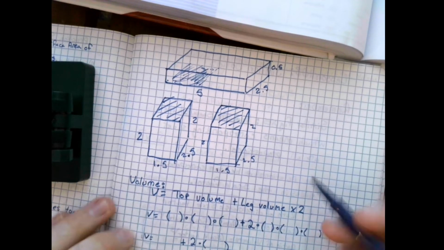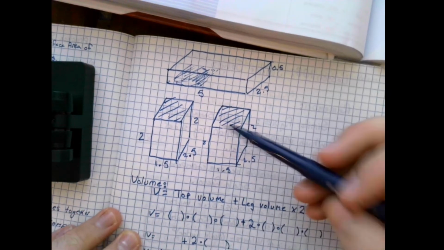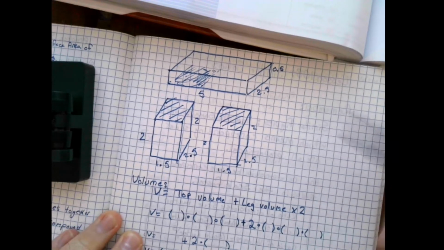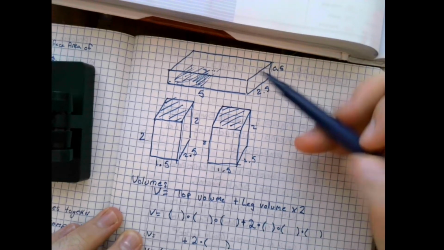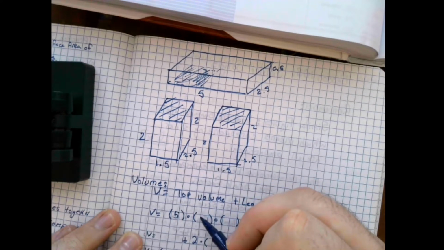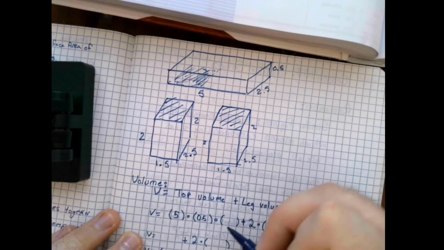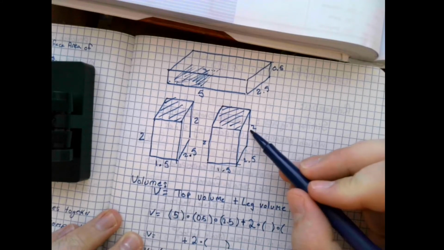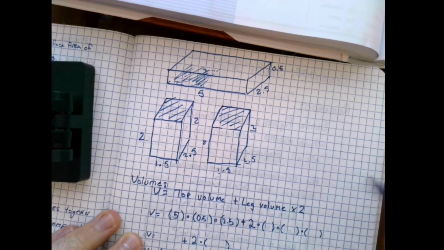But first, let's find the volume. Now, the volume is going to be the top plus the leg volume times 2. Now, the volume of the top is going to be 5 times 0.5 times 2.5. The leg volume is going to be 2 times 2.5 times 1.5.